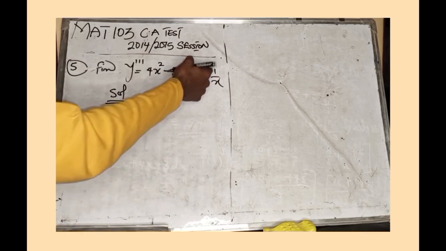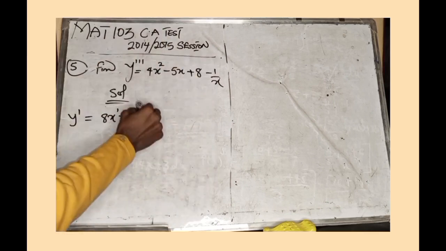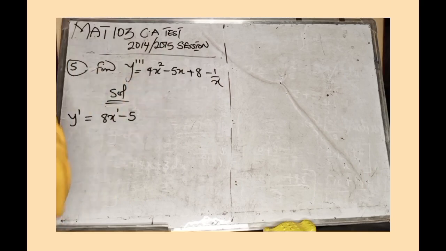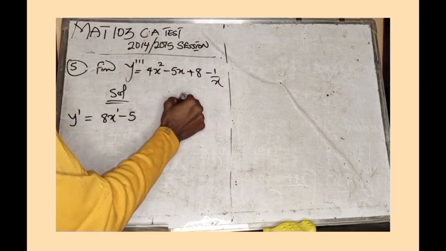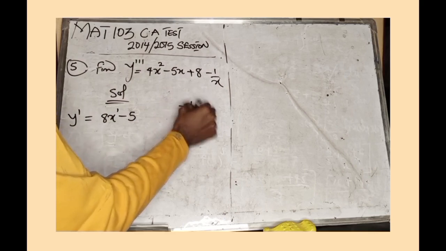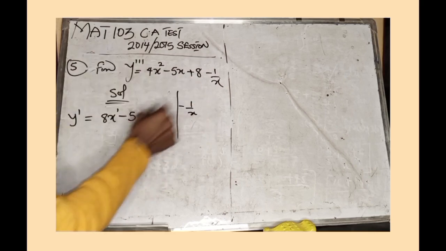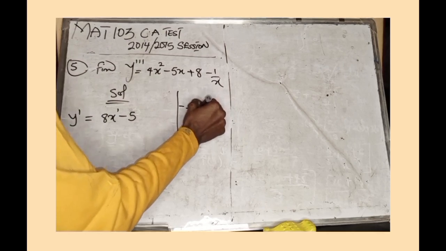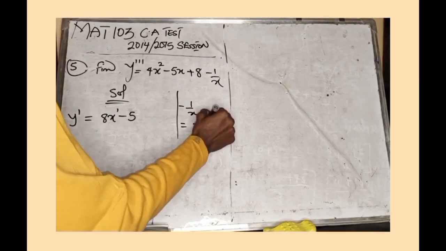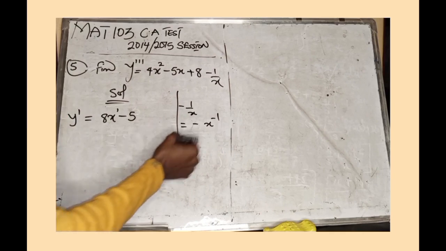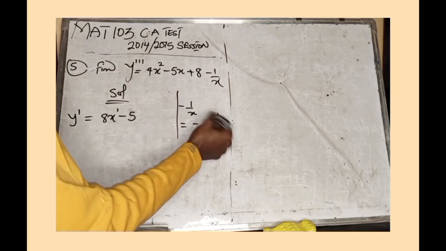Okay, next we have minus 1 over x. Let me do it separately now. Minus 1 over x can still be written as minus x raised to the power of minus 1 by law of indices. So let me now differentiate.